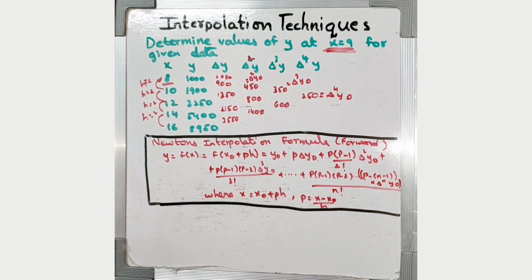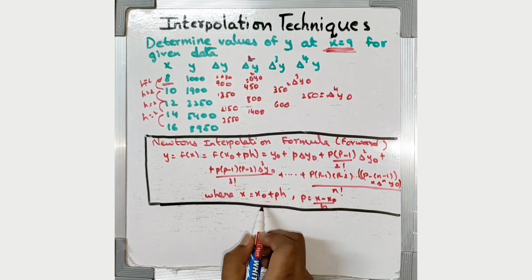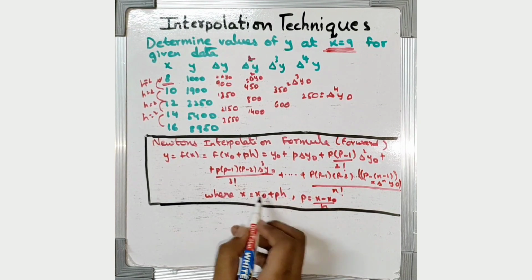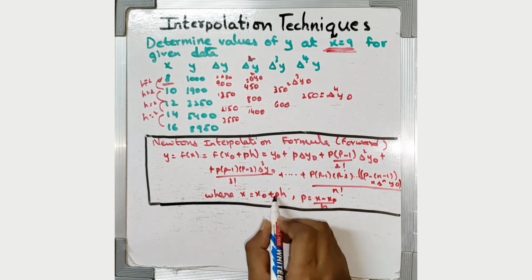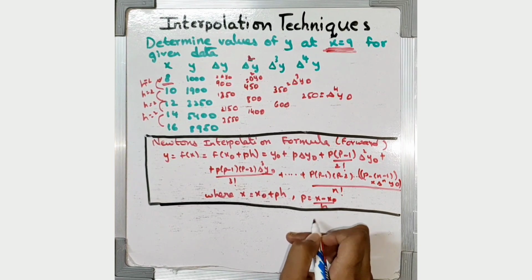Now we have to substitute in the formula. First we find x. x is x0 plus p into h. What will p be? p equals x minus x0 by h.